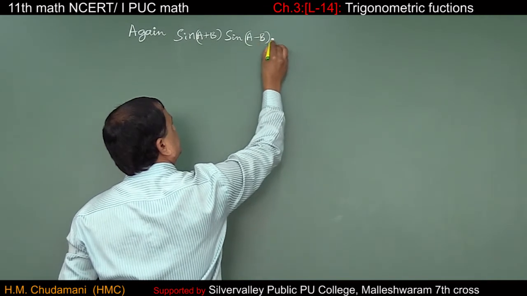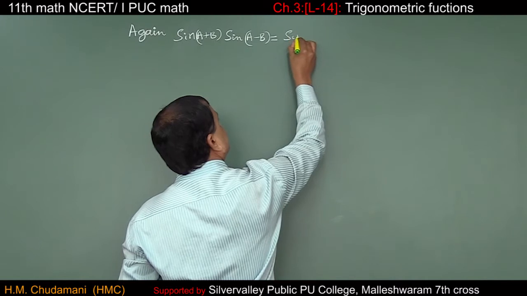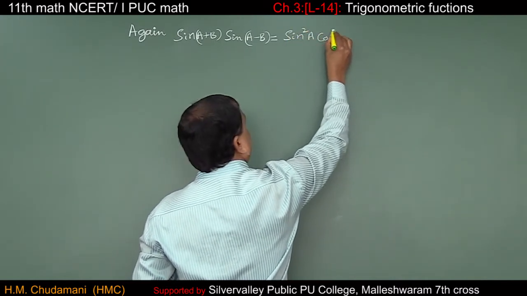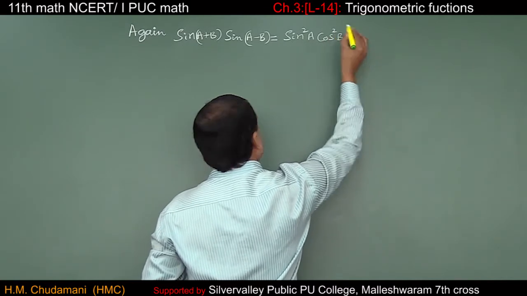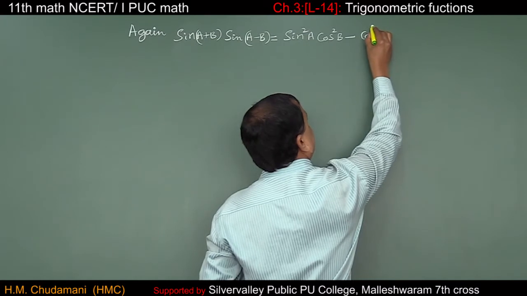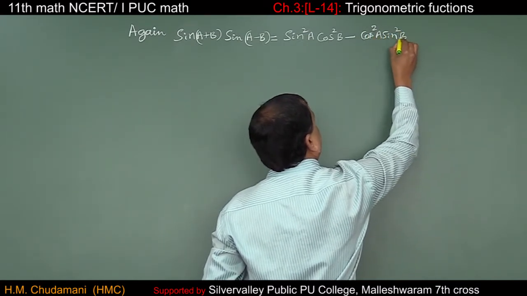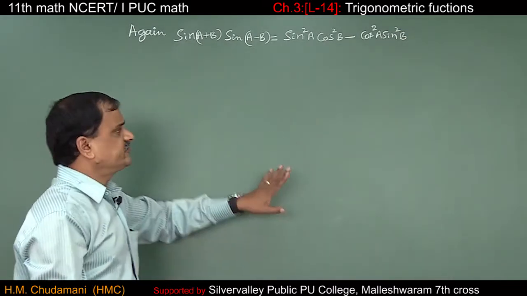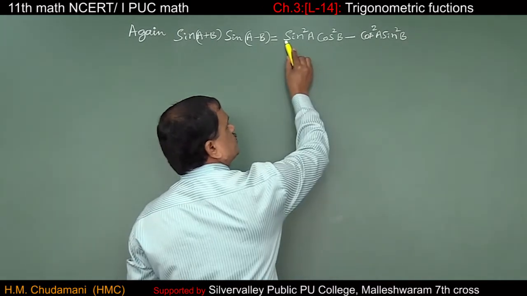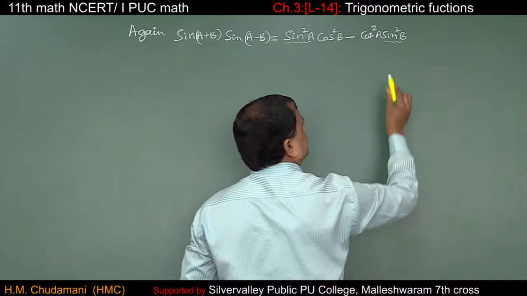Sin of (A plus B) into sin of (A minus B) is sin²A into cos²B minus cos²A into sin²B. In this one, I want the answer in terms of cos. So you need to eliminate the sin²A, and sin²B.